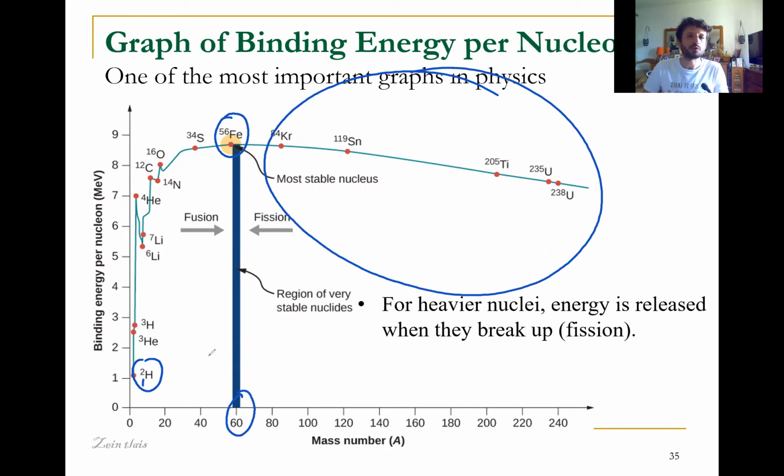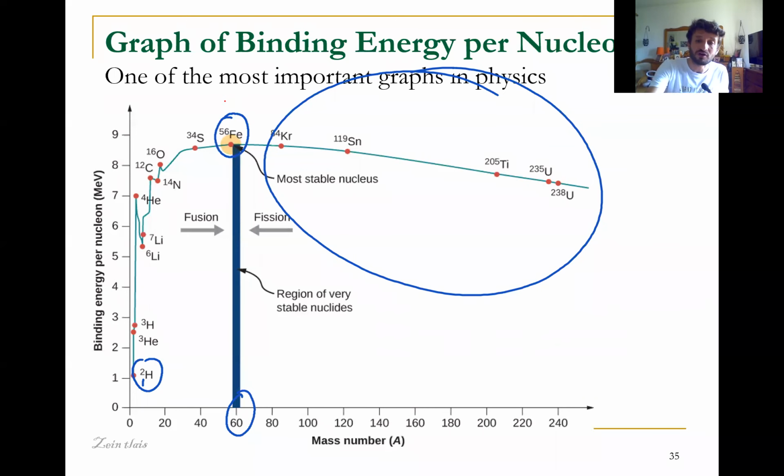What I mean is, when we have fission. Because they are very heavy, we have energy after the fission reaction, okay? Because they are heavy and the binding energy per nucleon is small.